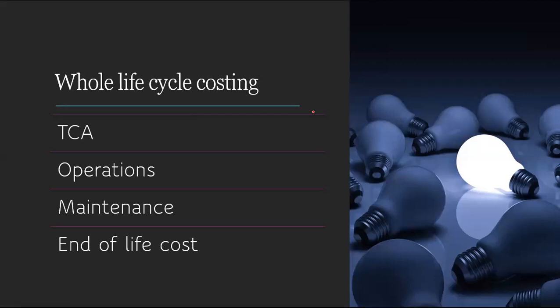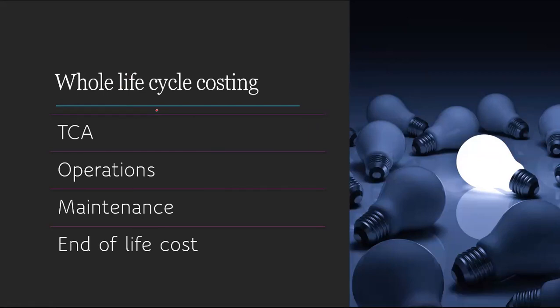The third chapter focuses solely on whole life cycle costing. Most exams, especially from 2019 and 2020, ask about the elements of whole life cycle costing, where you need to list all of the factors and elements and analyze them.